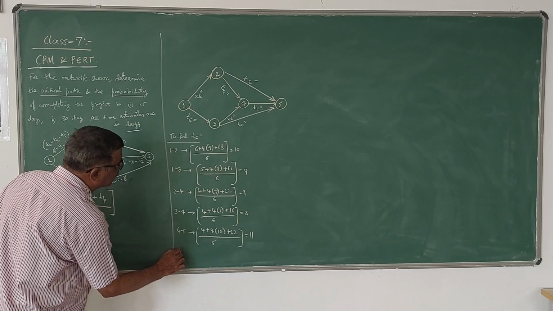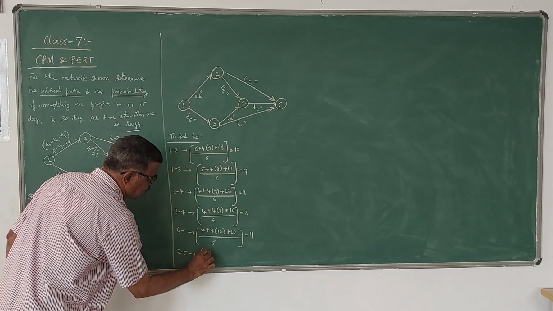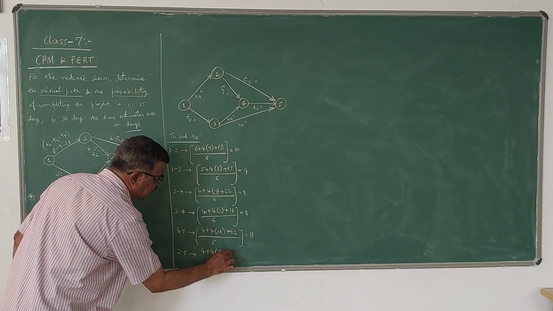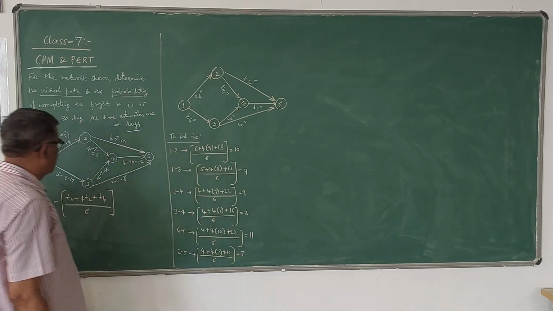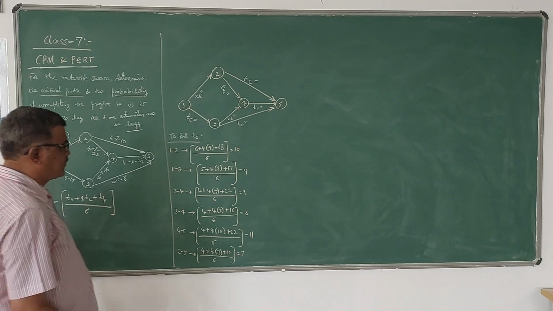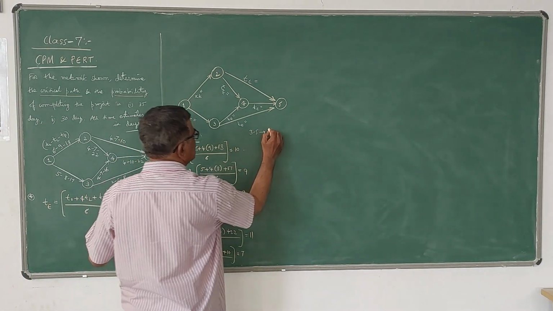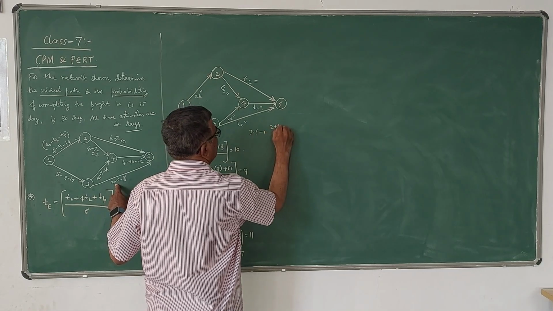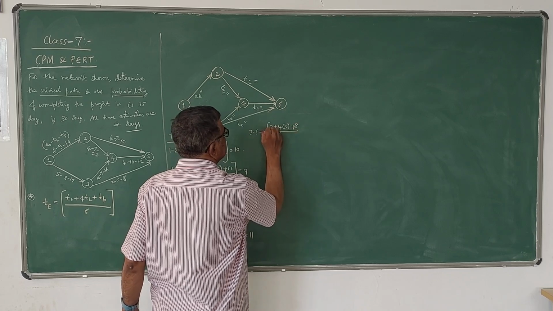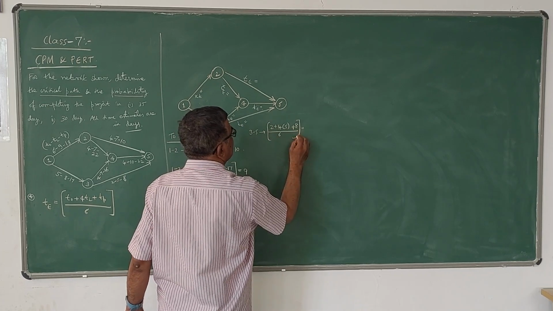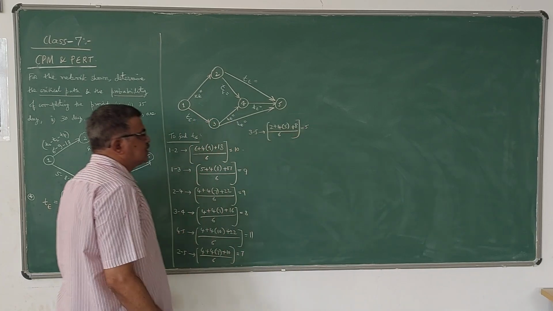Then for 2, 5, it is 4 plus 4 times 7 plus 10 divided by 6, which is 7. The last is 3, 5. For 3, 5, it is 2 plus 4 into 5 plus 8 divided by 6, which is 5.